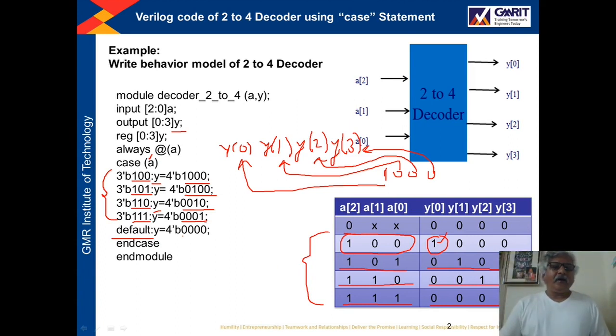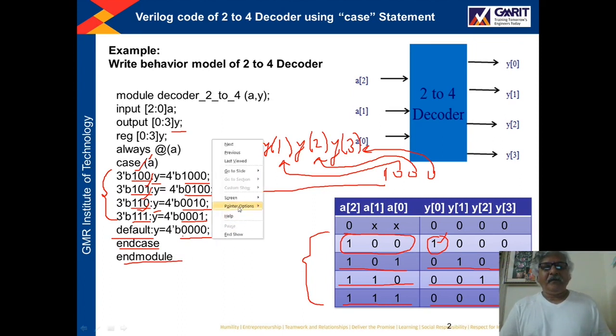What are the values we are taking care of? 100, 101, 110, 111. These are the values of expression A which we are considering. Apart from these, if any other value is left out, it will be covered by the default case. So if default, then the output will be 0000. Then endcase, endmodule.